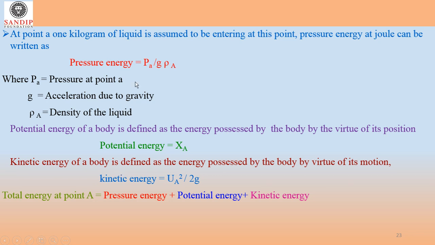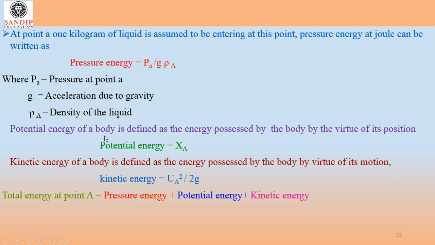At point A, 1 kilogram of the liquid is assumed to enter, and the pressure energy, which is given in joules, can be written as again PA divided by G into rho A. PA is the pressure at point A, G is the acceleration due to gravity, and rho A is the density of the liquid.